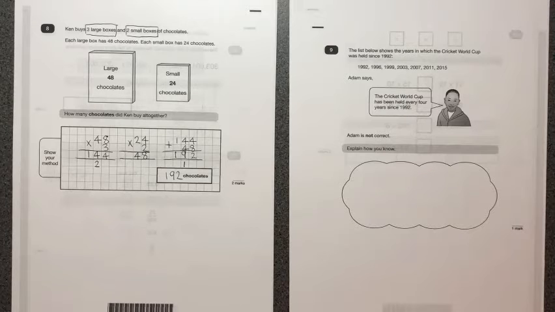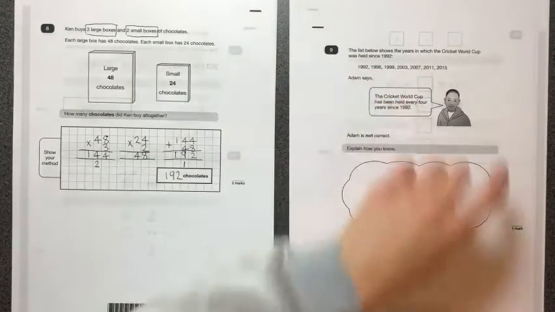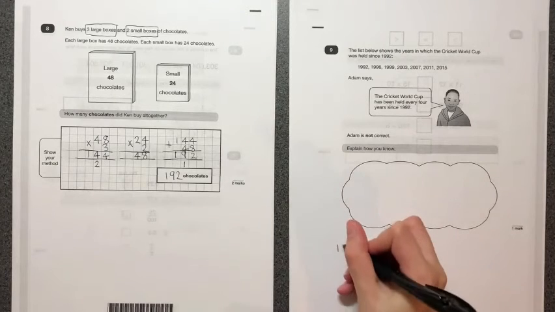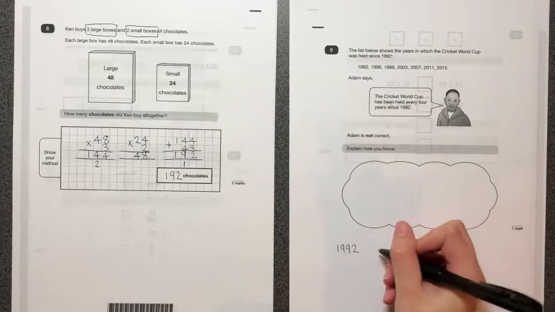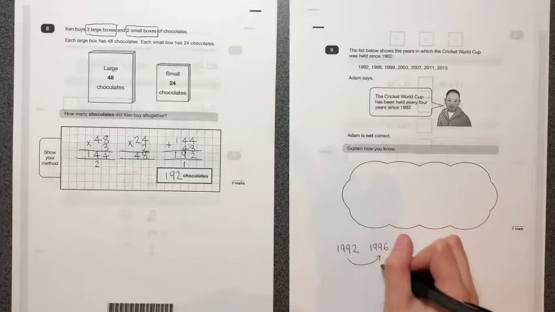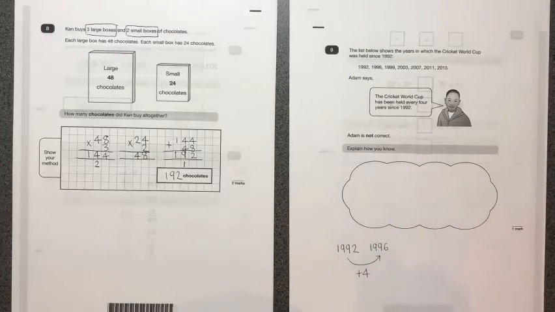We're going to work out the difference in years between each one of the years that the Cricket World Cup has been held. To go from 1992 to 1996, that's 4 years.